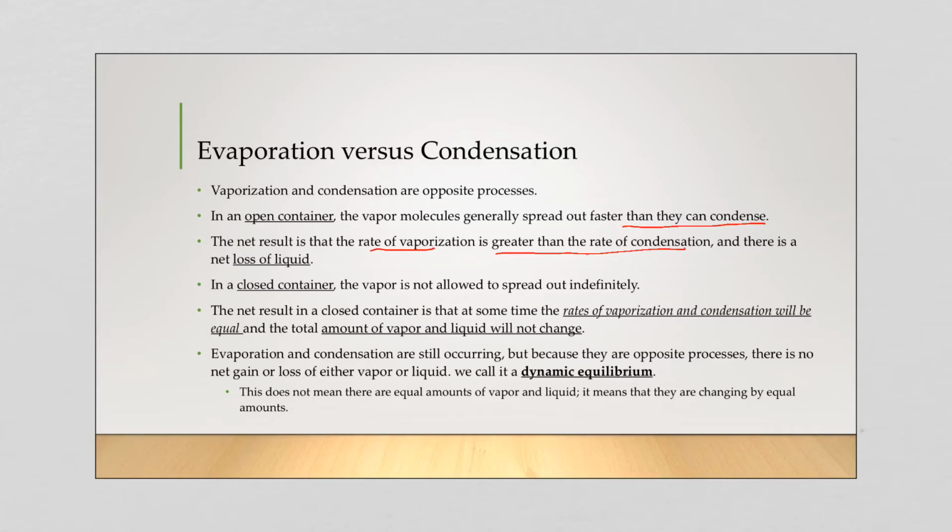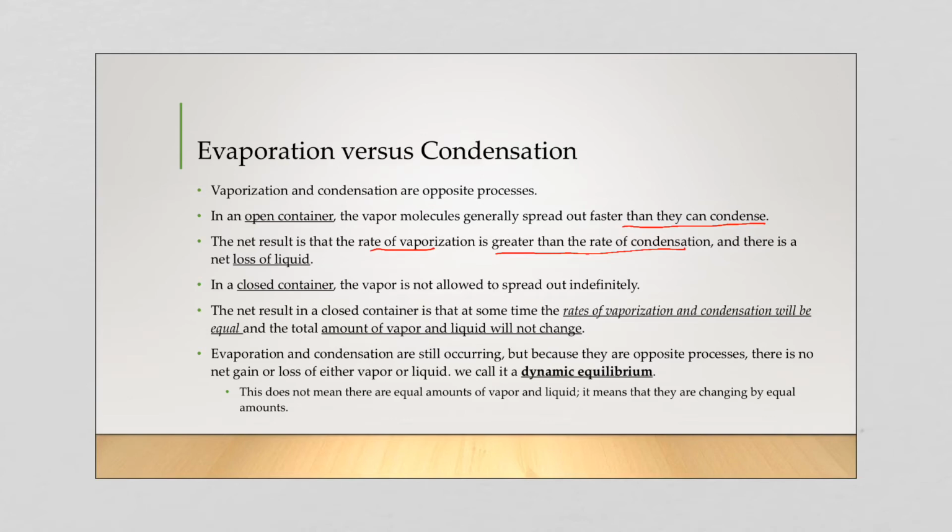And the total amount of vapor and liquid at this point won't change. Every time a molecule evaporates, one will condense to take its place. So from the external viewer, the amount of gas and the amount of liquid won't change once you reach this point. And this point is what we call dynamic equilibrium.